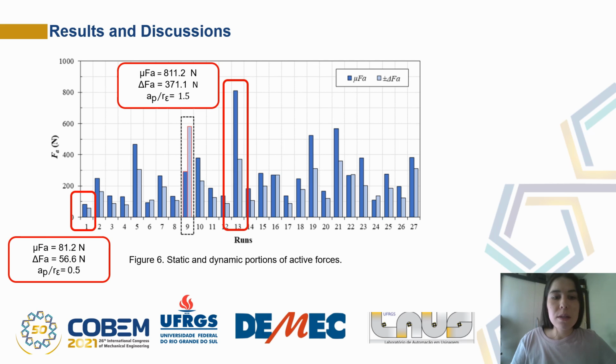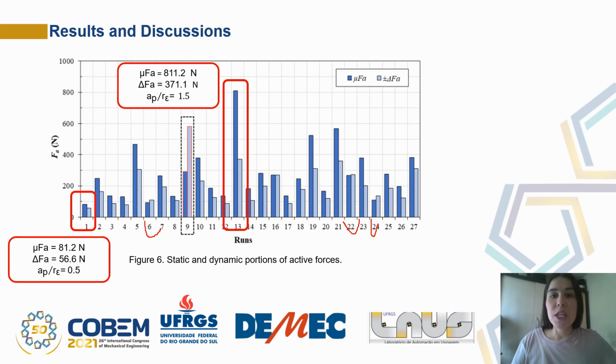In three runs, 6, 22 and 24, the dynamic portion of the active force was higher than the static portion, which indicates high force fluctuation, and these runs were at the same level.